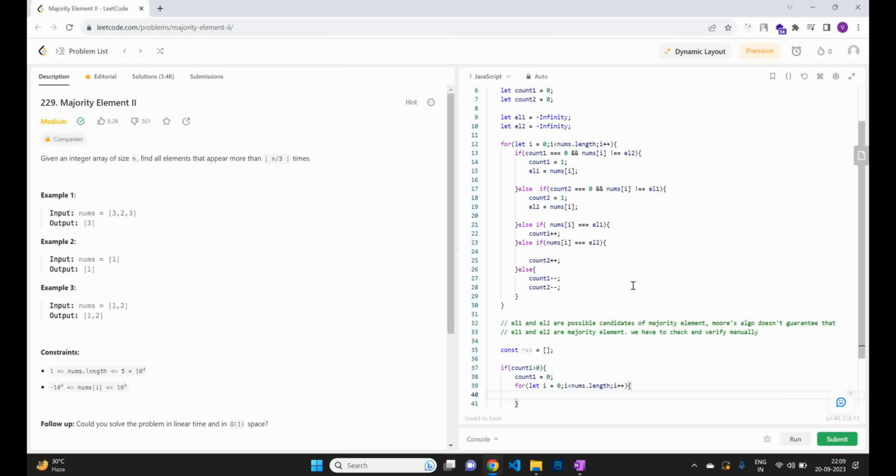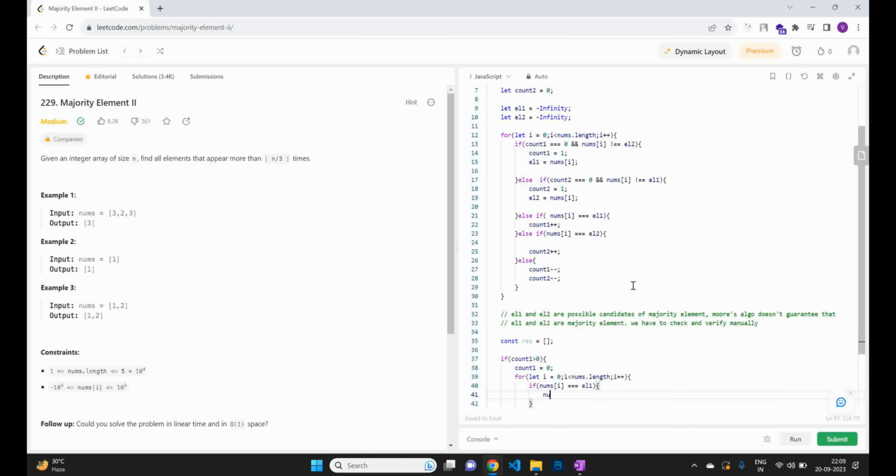And what you can do is, if nums of i is equal to your EL1, we are now basically checking the count manually. I will increase my count 1 plus plus.